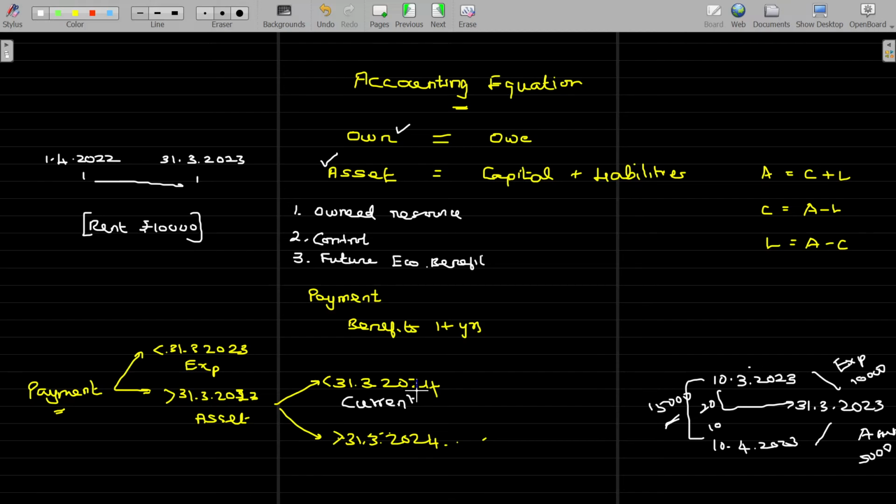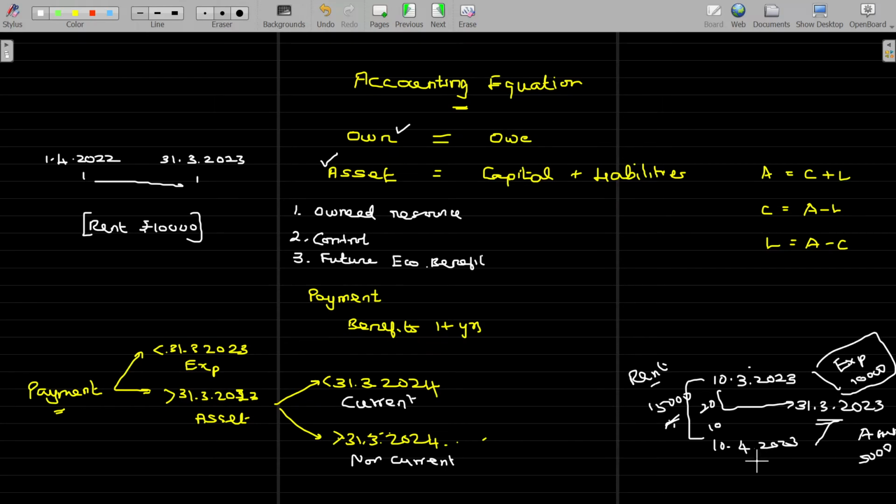And if you are still able to enjoy the benefit even after 31st March 2024, for so many years together, then it is called a non-current asset. For example, take this rent payment of 15,000 that I already gave as an example. In this rent payment of 15,000 rupees, as on the accounting year end 31st March 2023, I enjoyed 10,000 rupees of benefit.